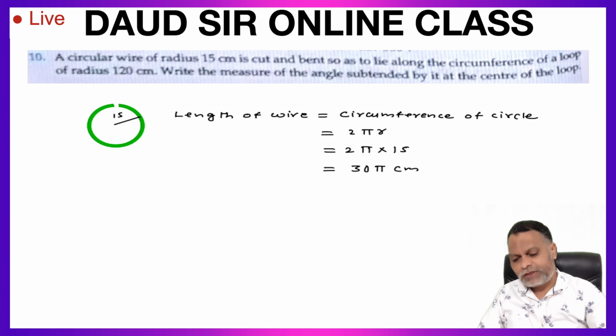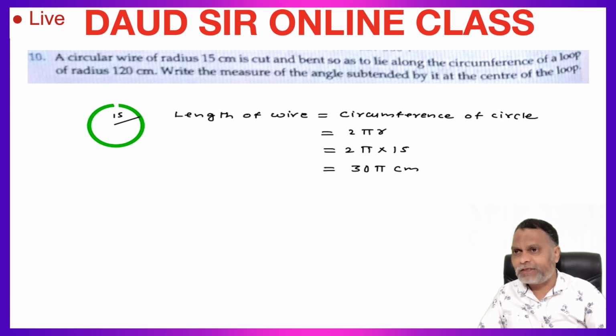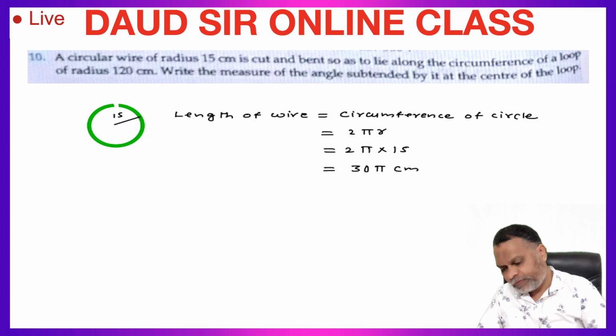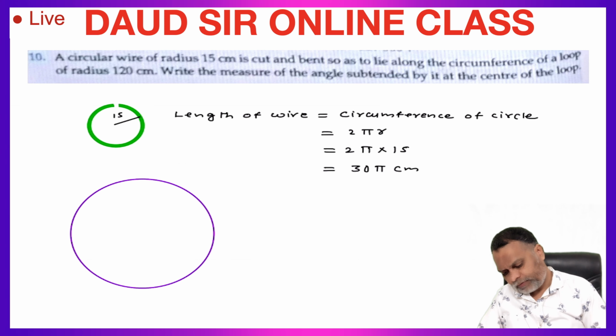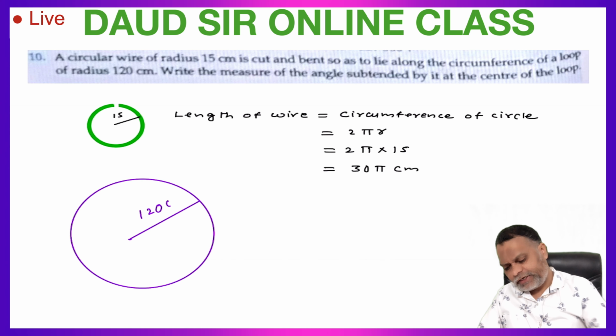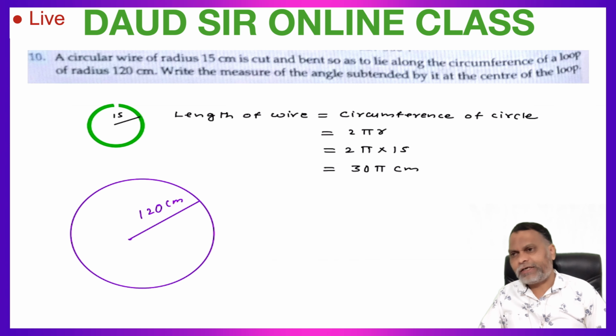What angle will this length of wire make at the center of that loop? Suppose this is the loop and its radius is 120 centimeter.